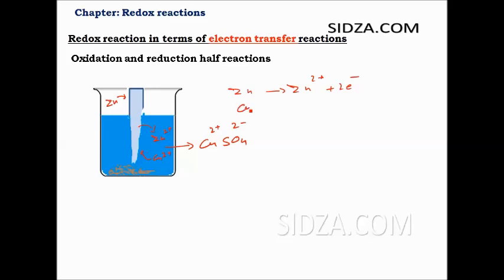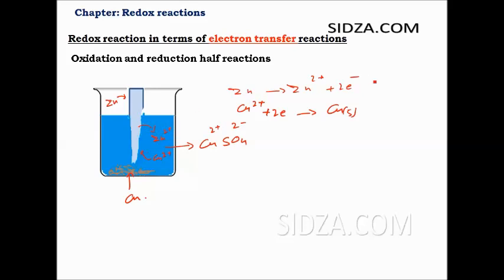Copper ions accept electrons, zinc loses electrons, and the copper ions form solid copper. The precipitate that you find here is actually copper. The copper sulfate solution has a blue color. You will see that with time the color fades, and the weight of the zinc rod will also decrease because the zinc rod dissolves in the copper sulfate solution.